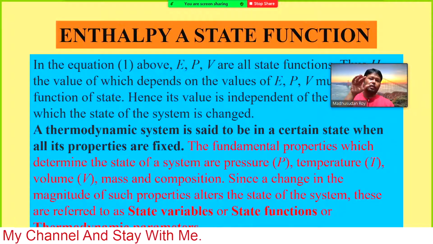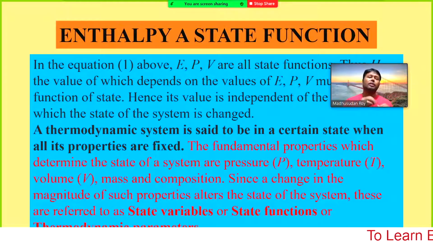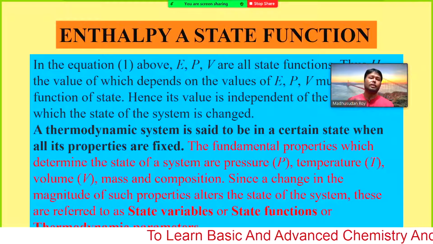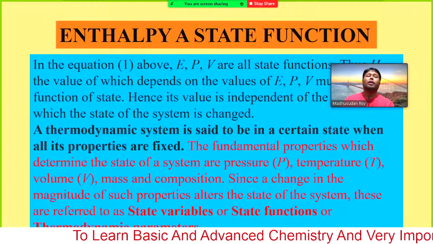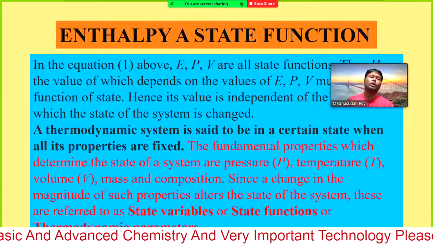That means, if you consider water, you can think about temperature 20 degrees Celsius, volume 1 liter, and the number of moles or mass, 1 kg, that means 1 kg corresponding to 1 liter of water. The pressure, if you consider the atmosphere, you can take 1 atmosphere.